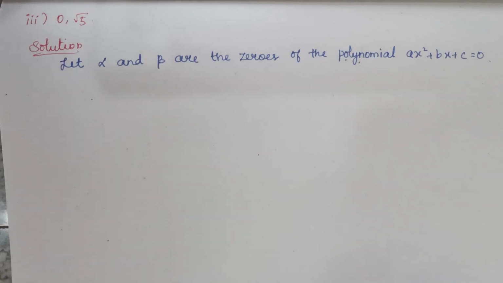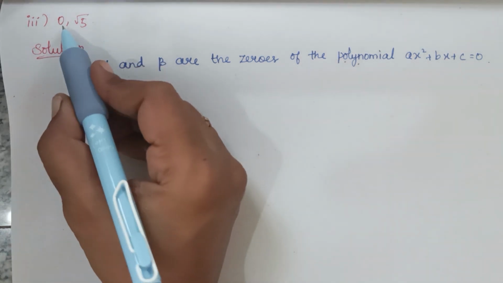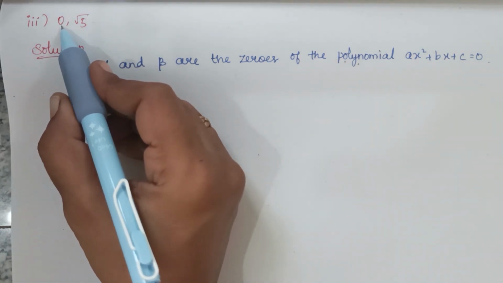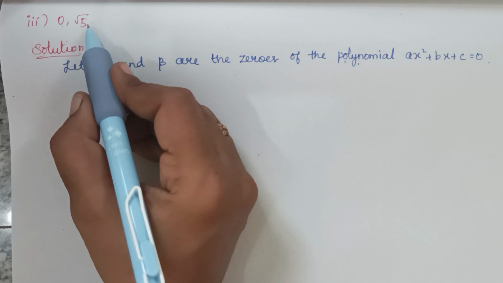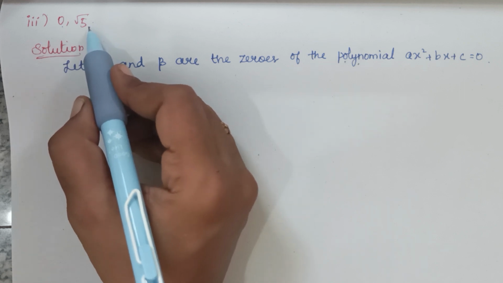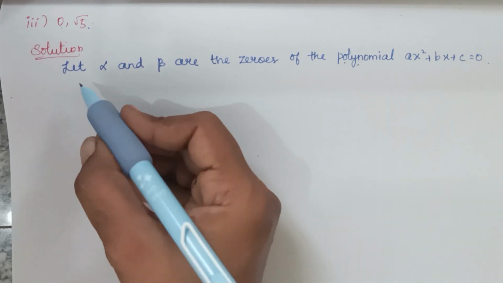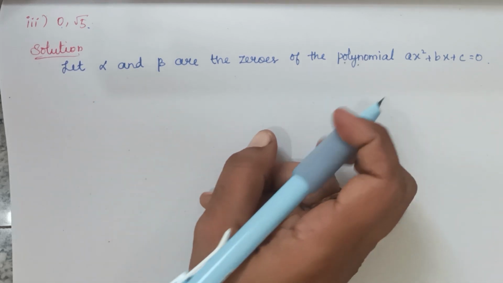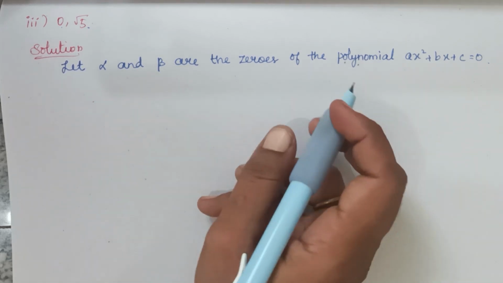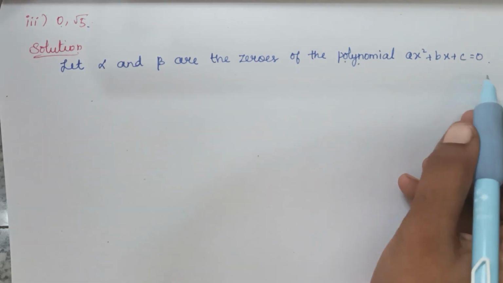So the next, third sum: sum of its zeros is 0 and product of its zeros is root 5. 0 comma root 5 is the question. So let alpha and beta be the zeros of the polynomial ax square plus bx plus c equal to 0.